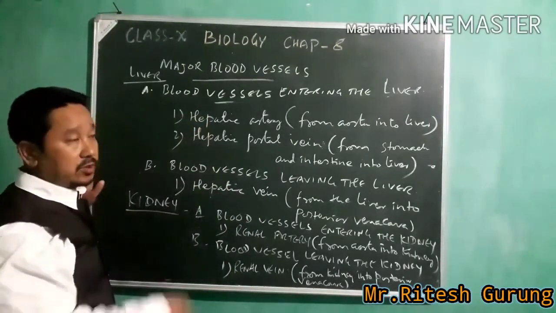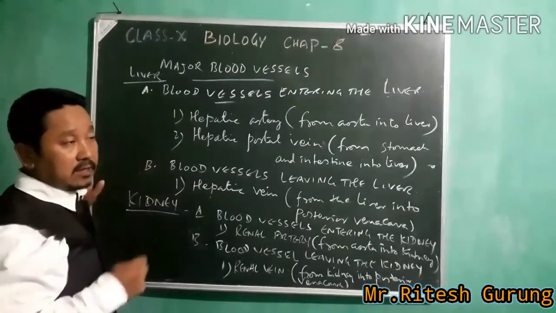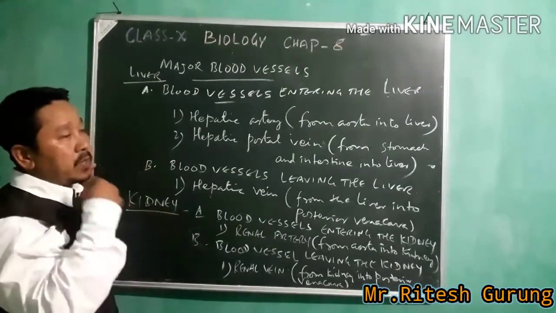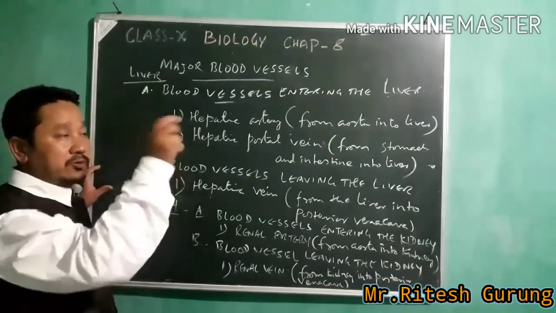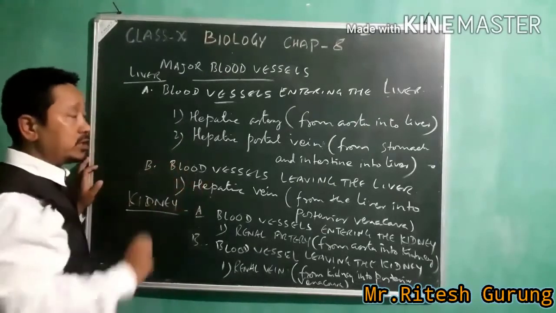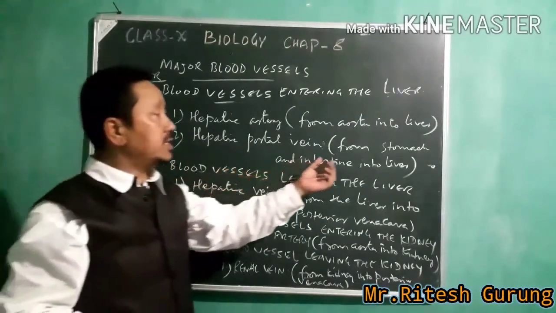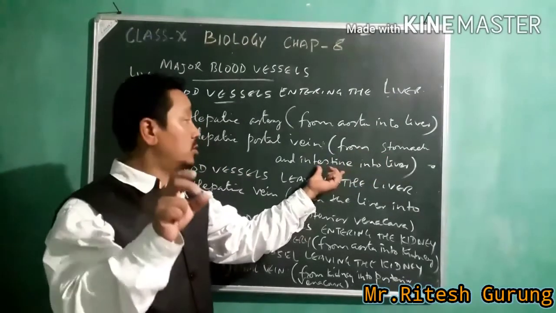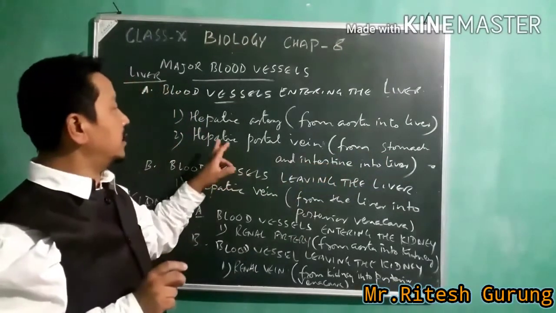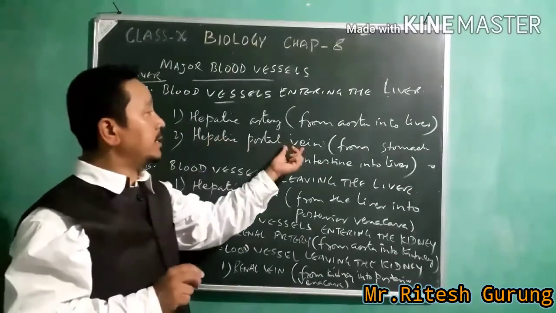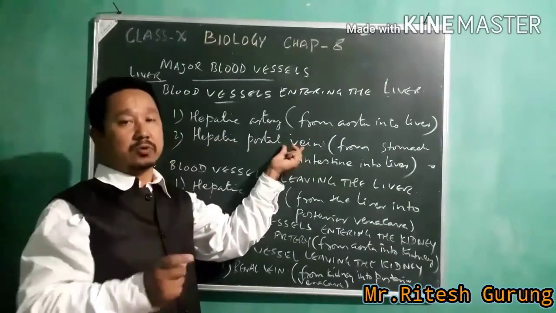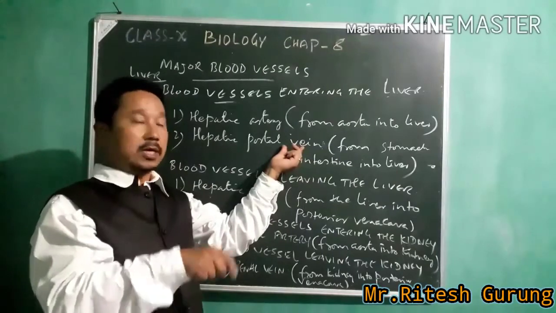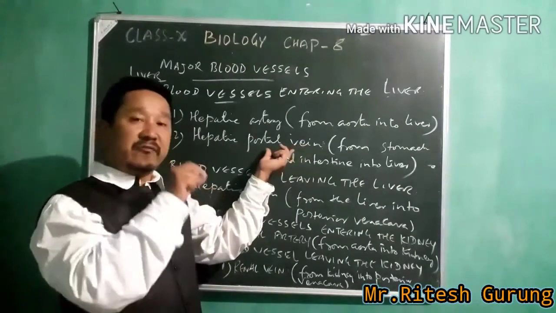These are the blood vessels which collect the impure blood into the right auricle. So before going into it, first from stomach and intestine, that food-laden blood will be collected by the hepatic portal vein into the liver. It will go to the liver first.